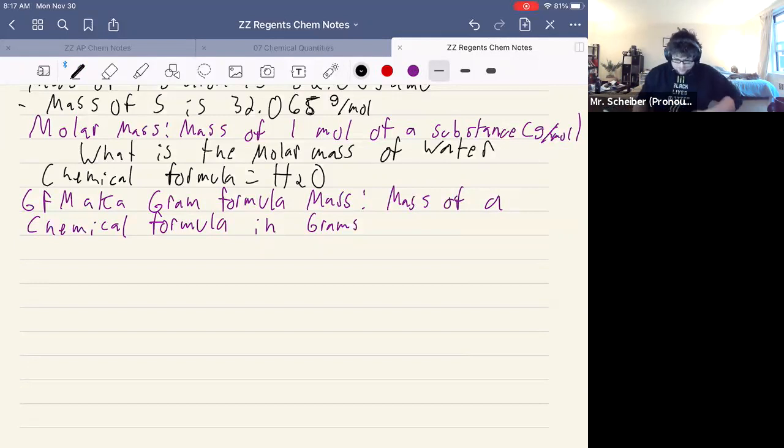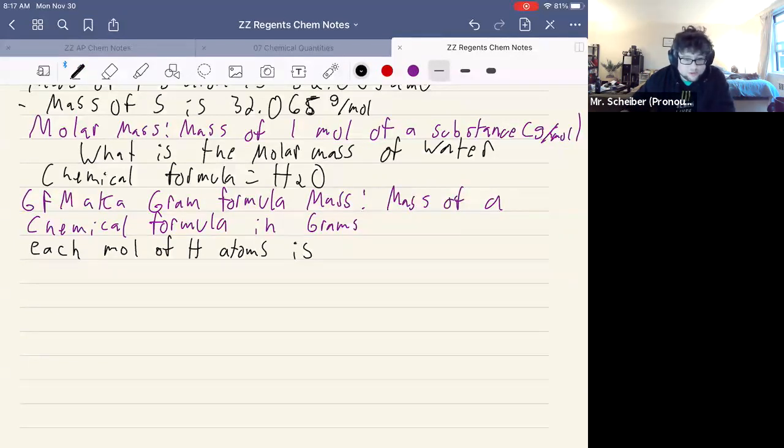So, mass of chemical formula in grams, we know that in H2O, each mole of H atoms is, based on our periodic table, 1.00794 grams.